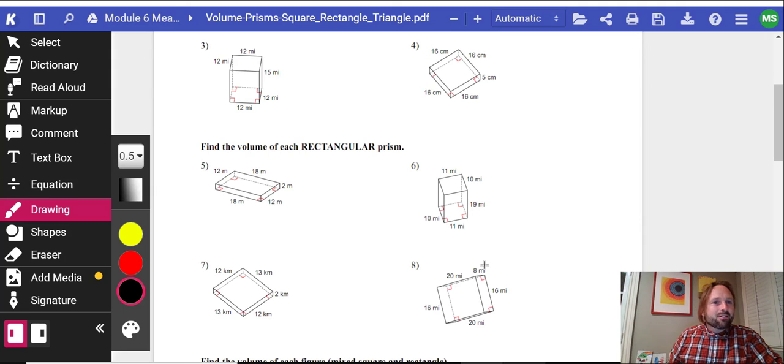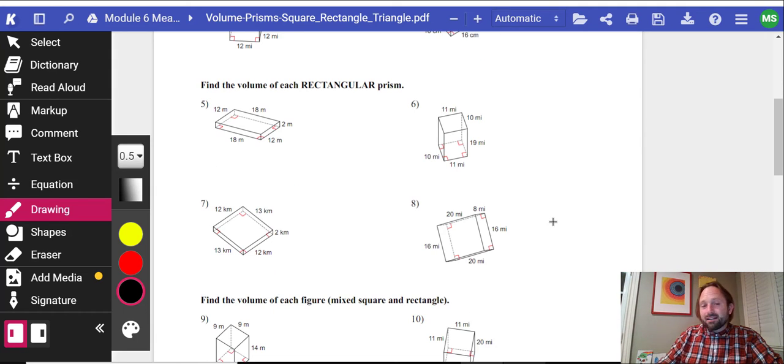Let's go down. Now, rectangular prism is the same thing. What repeats? If we're looking at this, we actually have two different choices. We could say, all right, I have this 12 by 2, and then it goes to this other rectangle that's 12 by 2. It just depends on what we are labeling the face and what we are labeling the height.